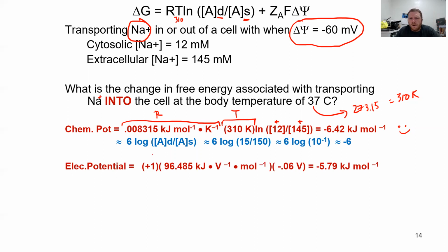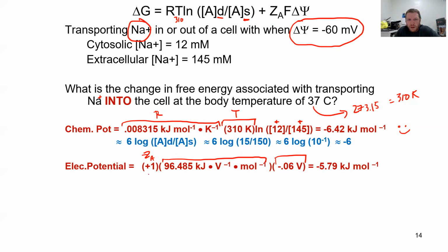The first thing that we have to do is Z sub A. That's positive because we're talking about a sodium ion. Then Faraday's constant right there. Now, our voltage. We're going from millivolts to volts, so we see negative 0.06 volts.